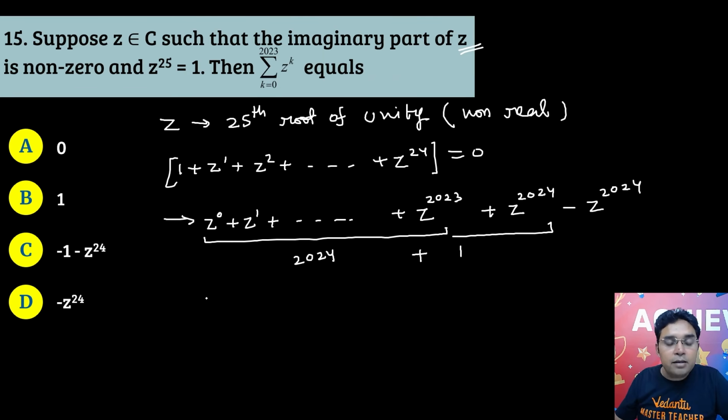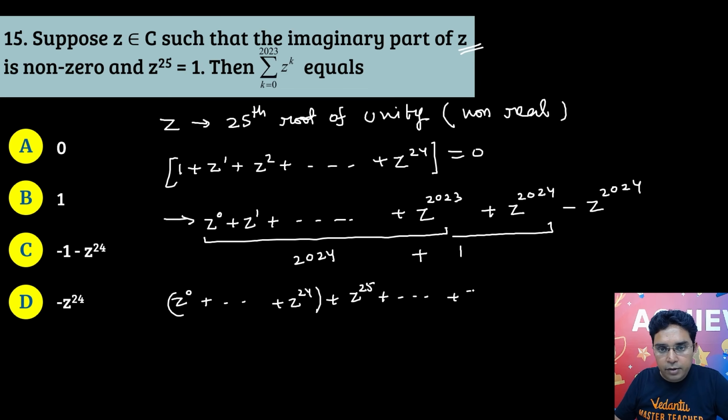Then I can make groups of 25 consecutive powers of Z, like Z power 0 till Z power 24. Then the next would be Z power 25 till Z power 49, and so on. The last one could be Z power 2000 and so on till Z power 2024.